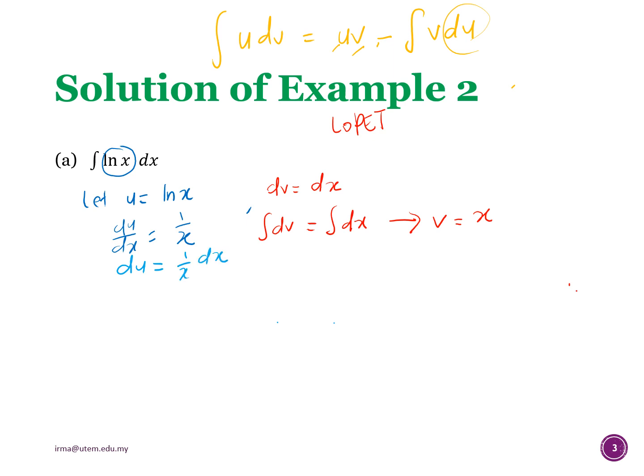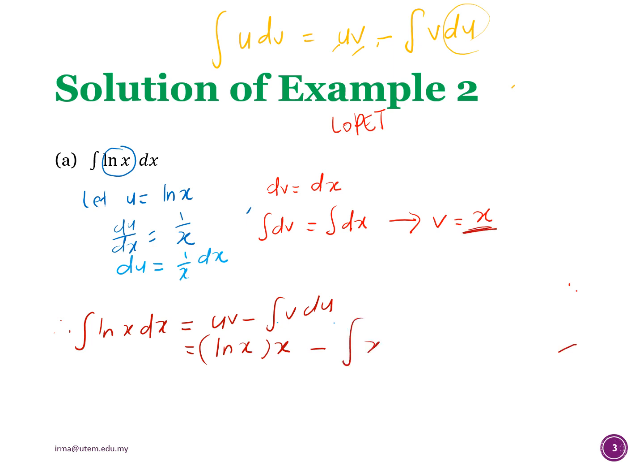Therefore, integral of ln x dx, you can write as uv minus integral of v du. We have u as ln x and v is x, minus integrate v, which is x, and our du is 1 over x dx. So this one can be cancelled out.